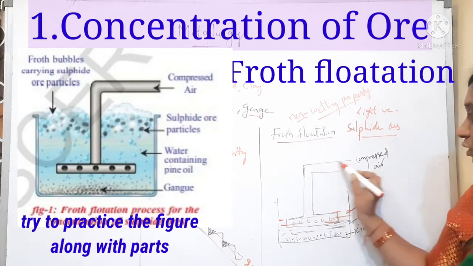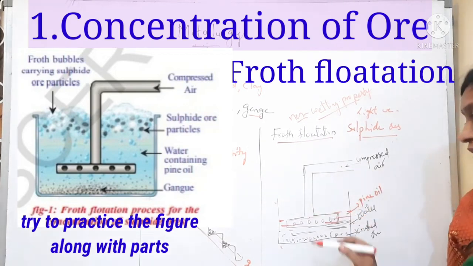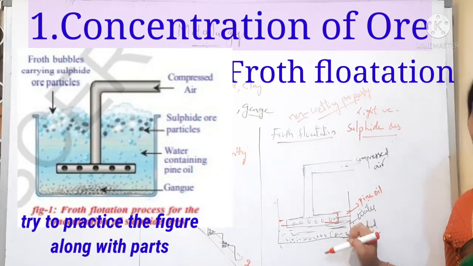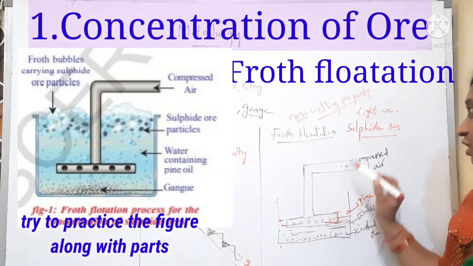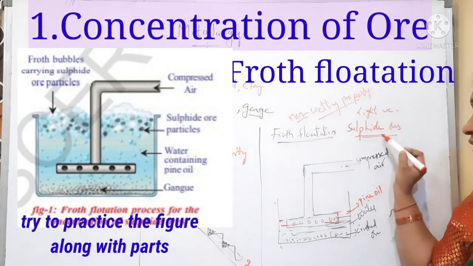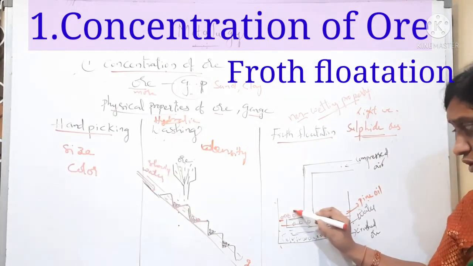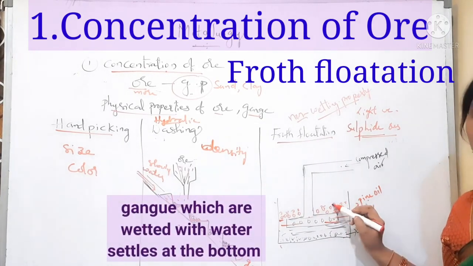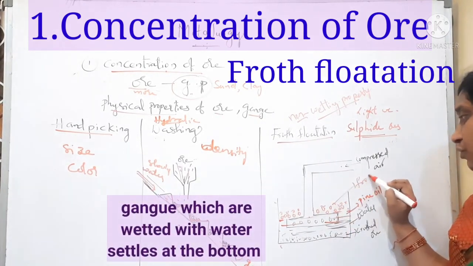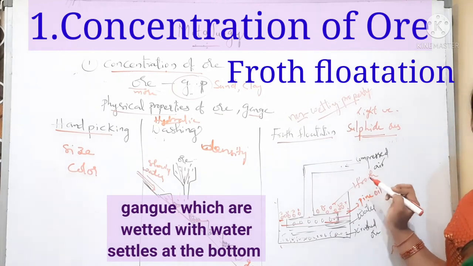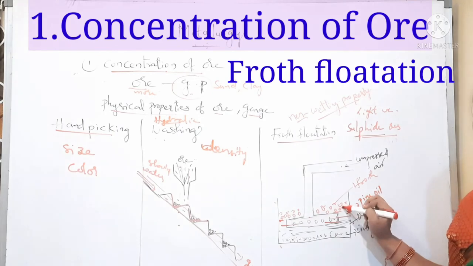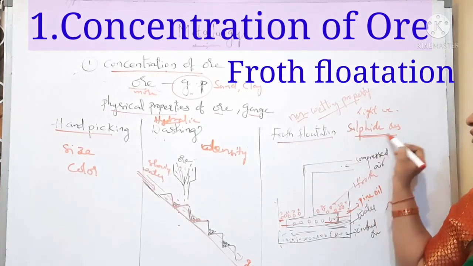When we blow the compressed air into this pipe, the air pressure creates bubbles, and these soap bubbles take away the non-wetting sulfide ores in the form of froth to the top of the beaker. Then this froth is collected and carefully washed in order to get the gangue-free sulfide ore particles.